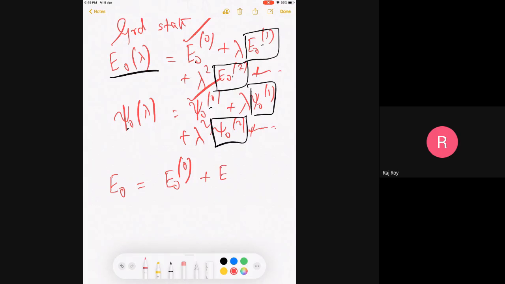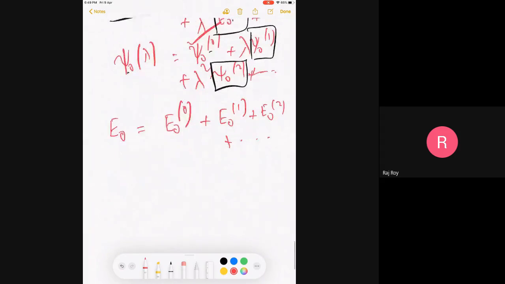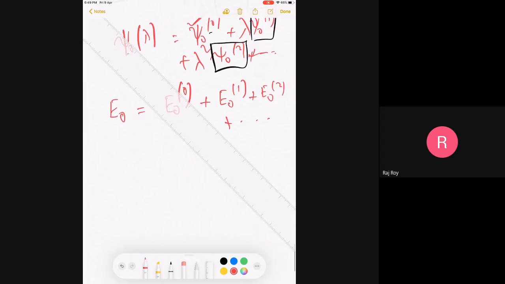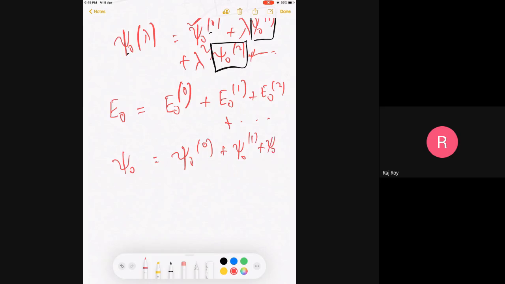It will become E0,1 plus E0,2, etc., up to infinite order. And similarly, psi 0 will become psi 0,0 plus psi 0,1 plus psi 0,2, etc. Again, infinite order.